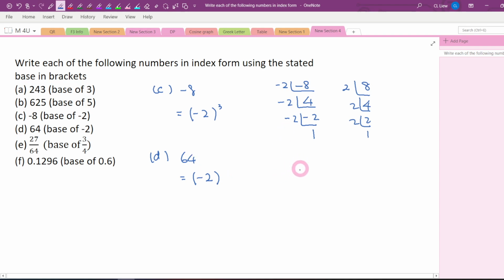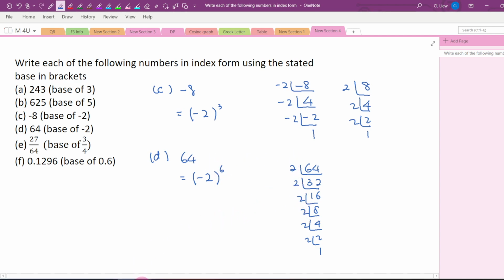Now, what should I do is, you can do it this way, but I think it's quite confusing. So what I'm going to do here is, I forget about the negative, I just write 2. So 64 divided by 2, you get 32, right? Keep on dividing by 2. 4, 2, 8, 2, 2, 4, and 2 divided by 2, you get 1. 1, 2, 3, 4, 5, 6. 6.